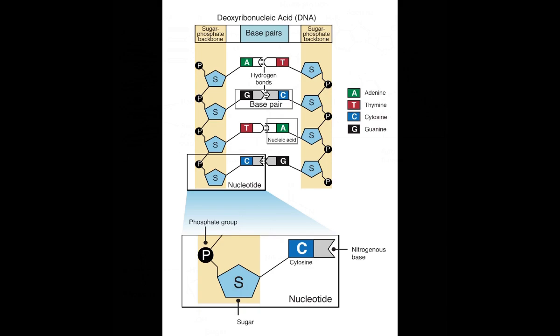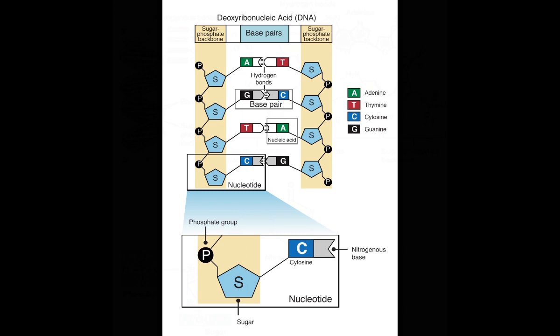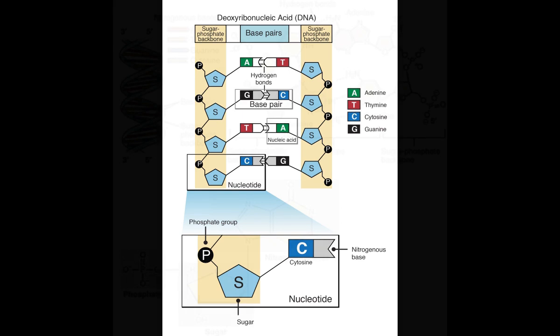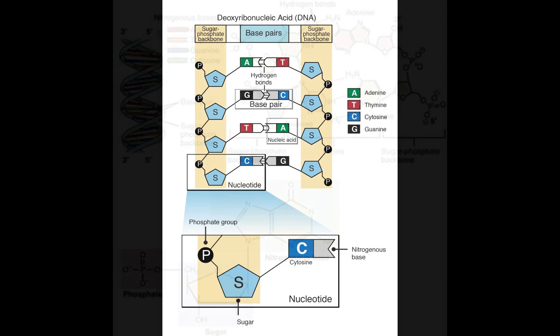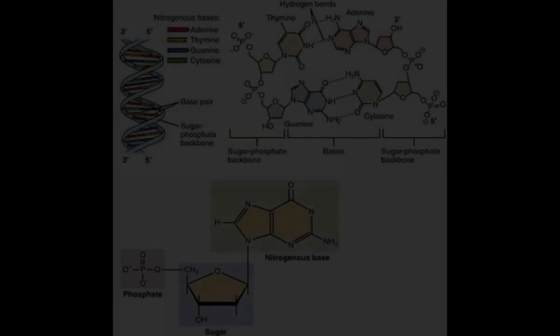Each base is attached to a phosphate group and a deoxyribose sugar to form a nucleotide. The only thing that makes one nucleotide different from another is which nitrogenous base it contains, as shown in this figure.